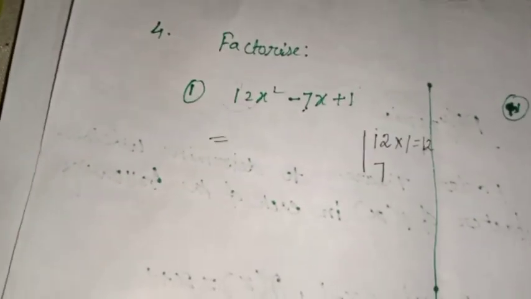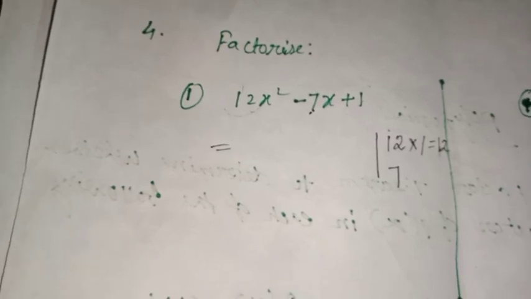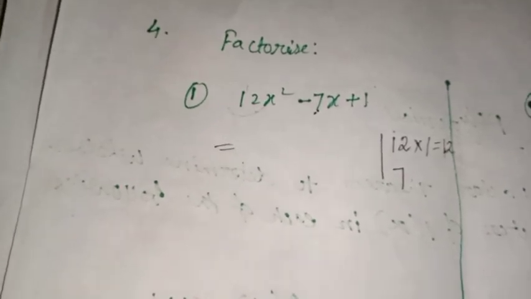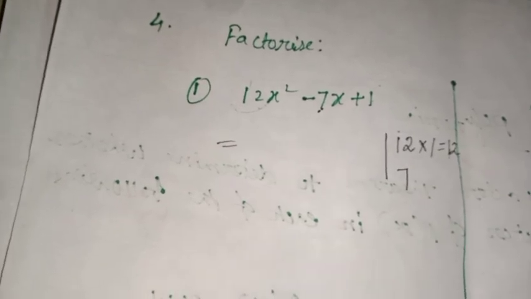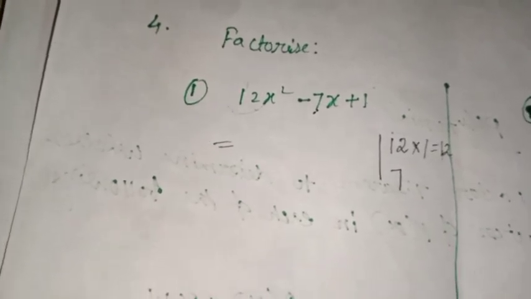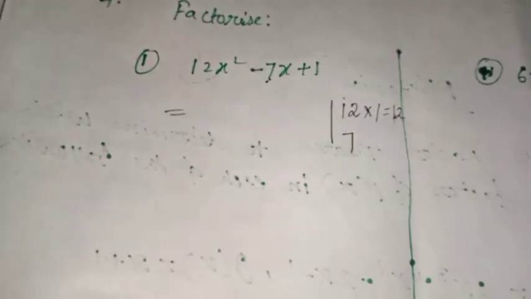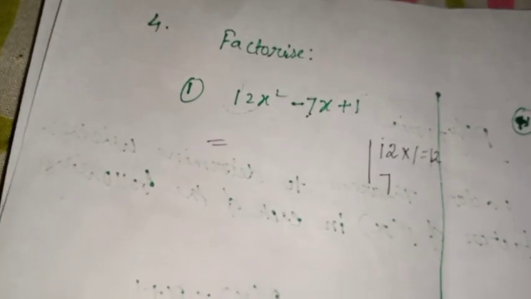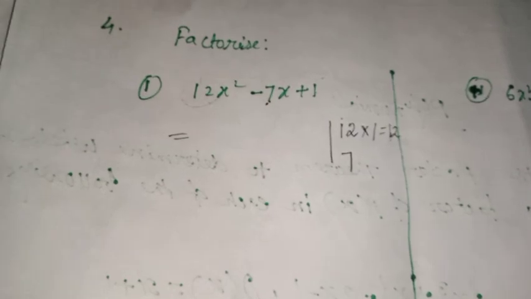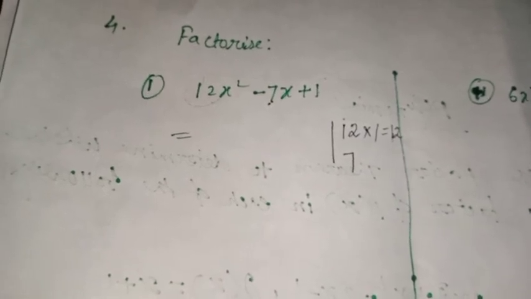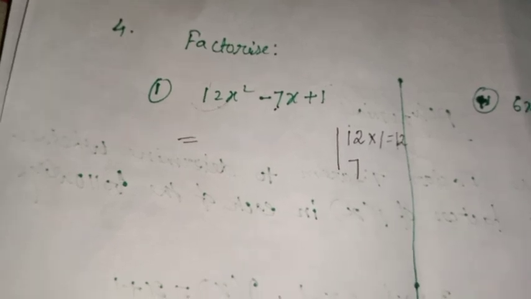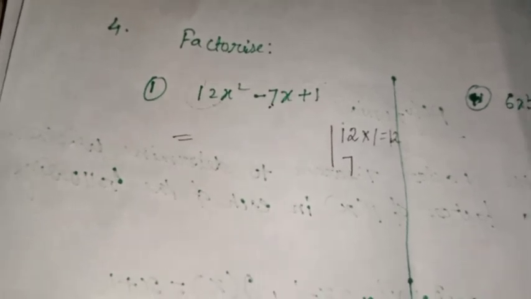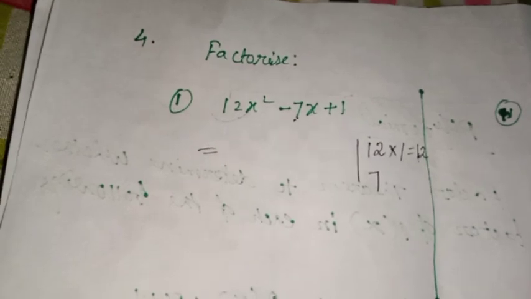If this is a small number, then we can find it easily by thinking. But in case of a bigger number, it is not possible to find the numbers easily. Actually, there is a process to find these two numbers.